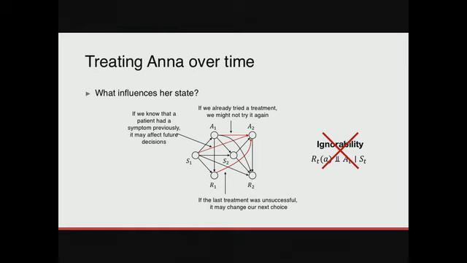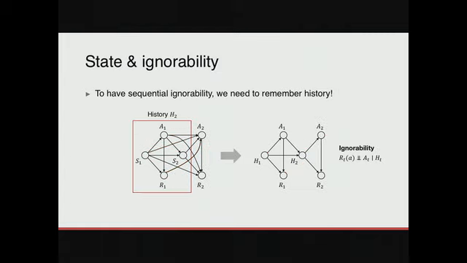So if I don't have the information about what was it, an allergic reaction or some symptom before in here, then I have to do something else, right? So exactly that is the point. If I can summarize history in some good way, if I can compress all of these four variables into some variable h standing for the history, then I have ignorability with respect to that history h.